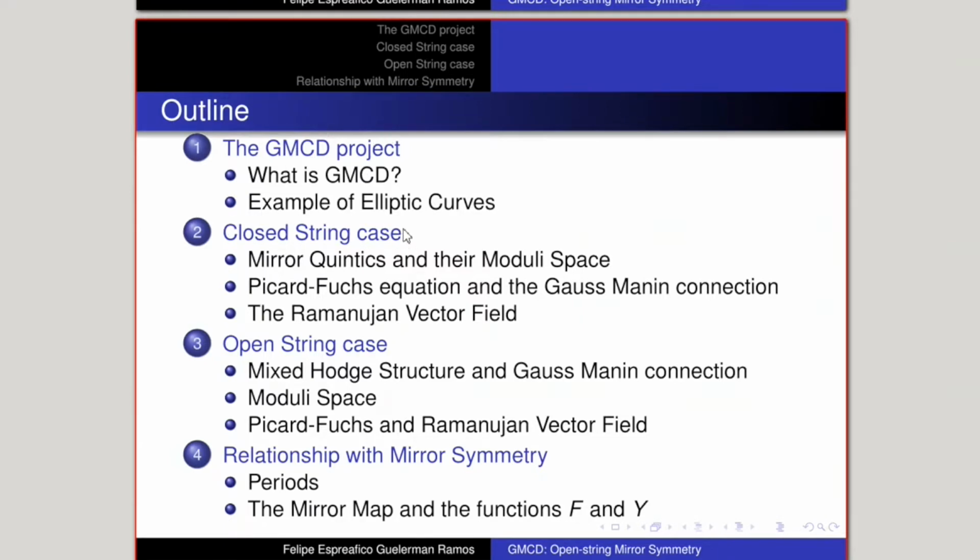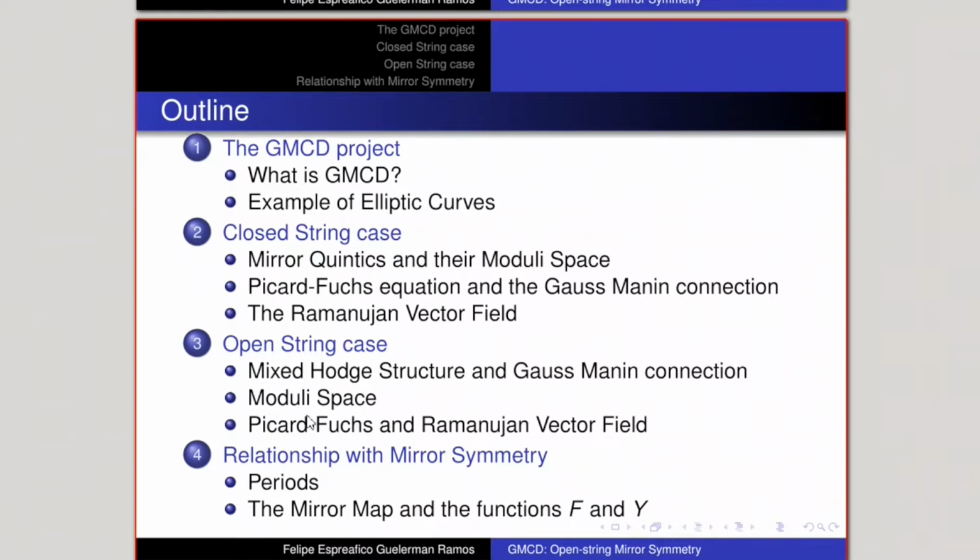The idea is to try to create these modular type functions for many examples. I'll speak about that and give very briefly an example in the elliptic curve case. After that, I'm going to speak about what happens in the closed string case, which was already done.